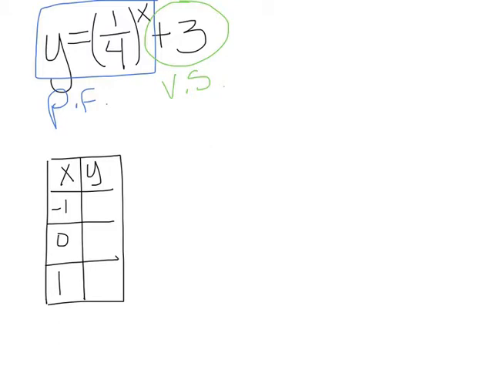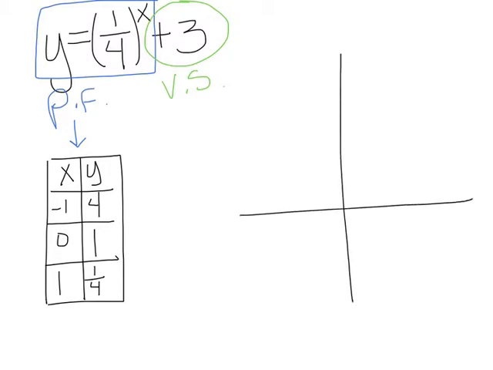1/4 to the -1 is 4. 1/4 to the 0 power is 1. And 1/4 to the 1 is 1/4. So here is my parent function table, right? So let's go ahead and graph that parent function.